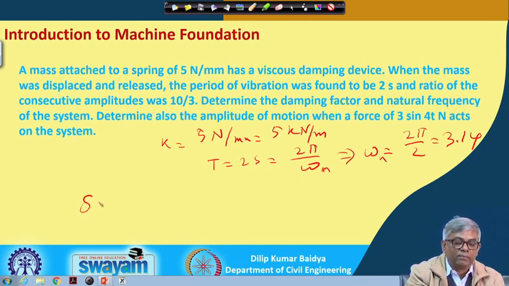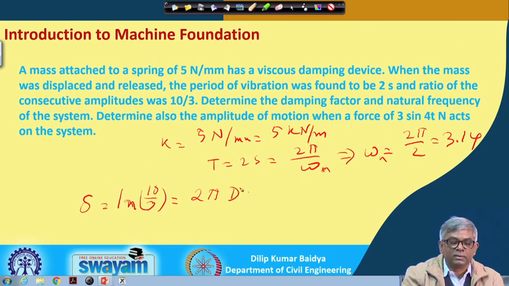So, delta equal to ln 10 by 3 equal to 2 pi d, is it not? So, the ratio of successive peaks is this one. If you take log, that is actually delta, and that delta we know is 2 pi d.